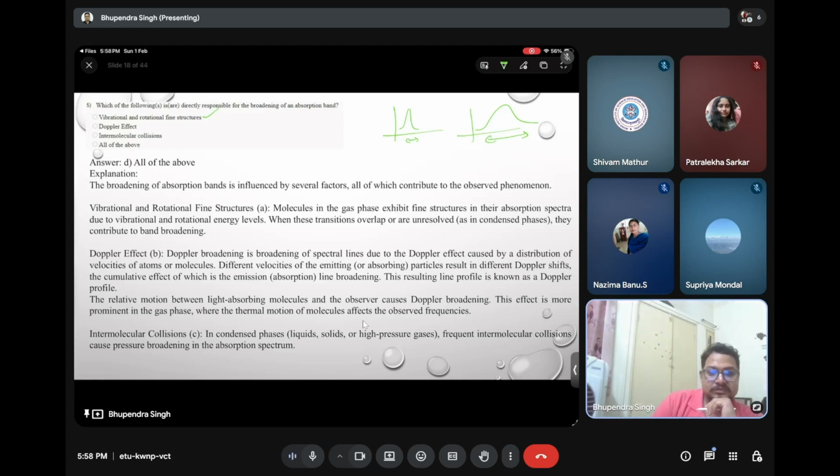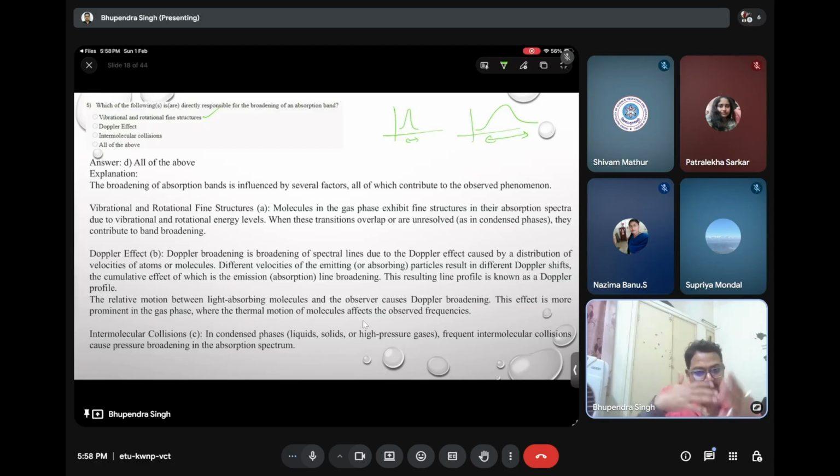In gas phase, it is easier to understand because they are interacting. Let's say this molecule is interacting with this molecule, making some bond, then it will absorb a little bit different than its native state, and maybe at a certain point of time this molecule is making a bond with a different molecule, so there is a shift because of this interaction, a shift in the frequency will be a little bit there.